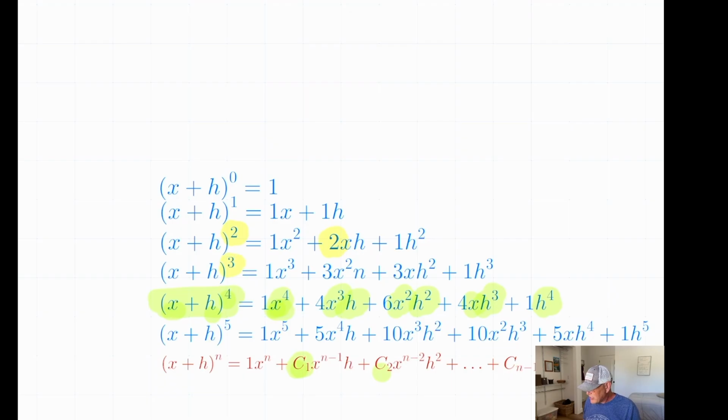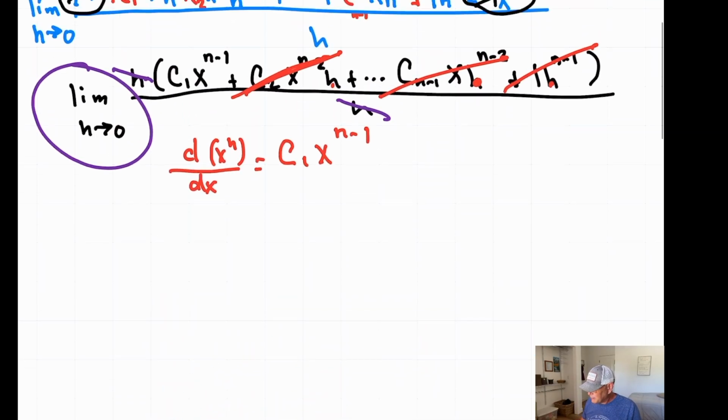When I raise this to the third power, this has a coefficient of 3. Fourth power, this has a coefficient of 4. You see the pattern. So if this is n, then this right here, c sub 1, is n.